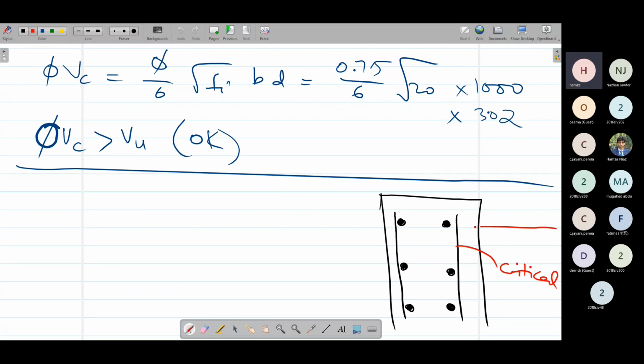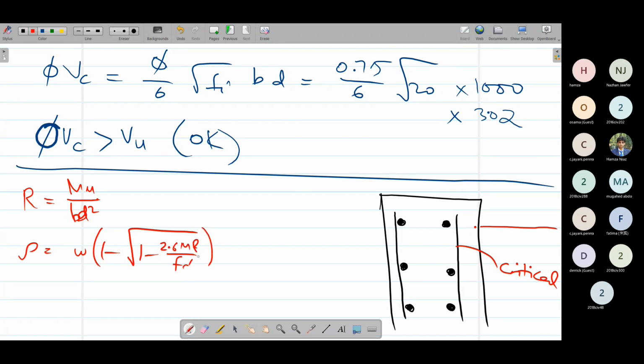So simply, if we have to design, what would we do? Calculate R equal to Mu over b d squared, and from this R we know rho as omega times 1 minus root of 1 minus 2.614 R over fc dash, and As is equal to rho b d.